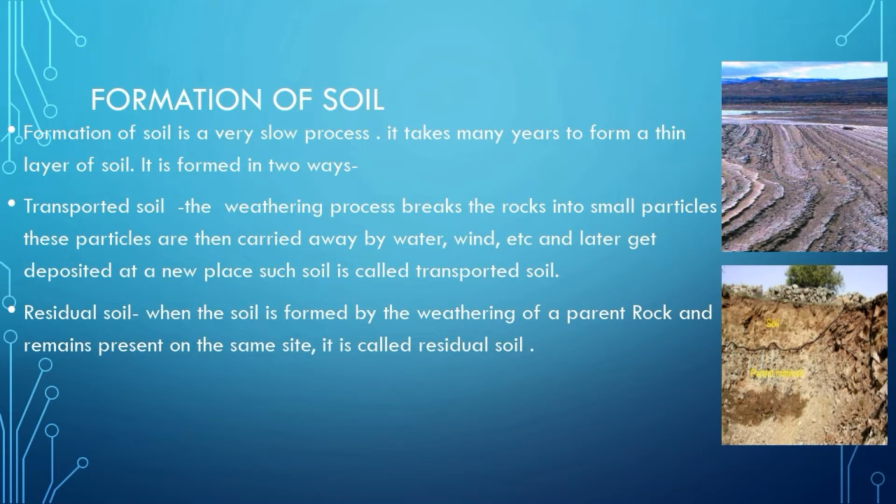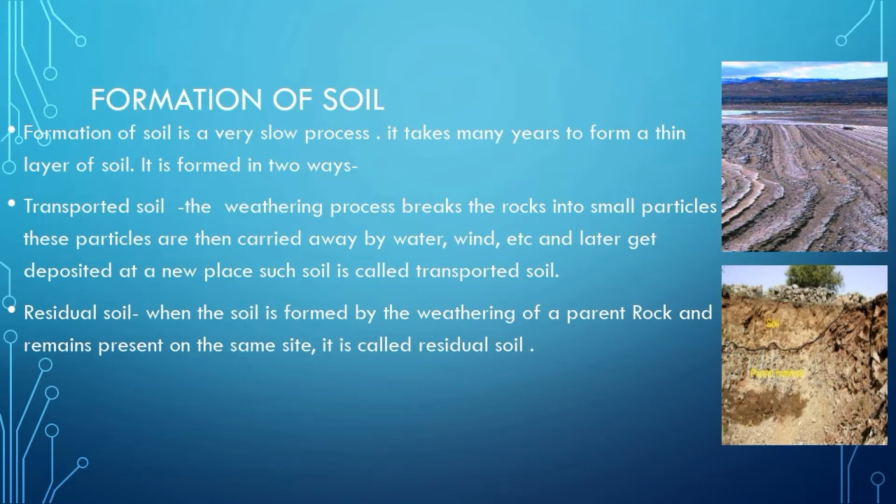The next one is residual soil. It is soil formed by the weathering of a parent rock. So what is parent rock? The original rock from which soil is formed by the process of weathering is known as the parent rock.